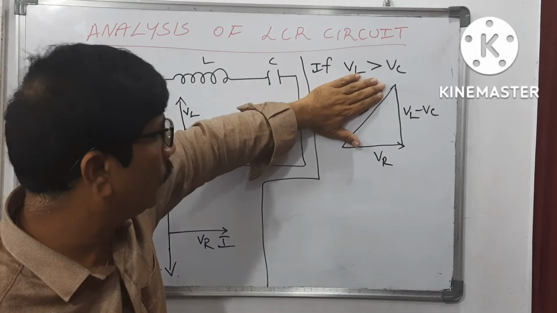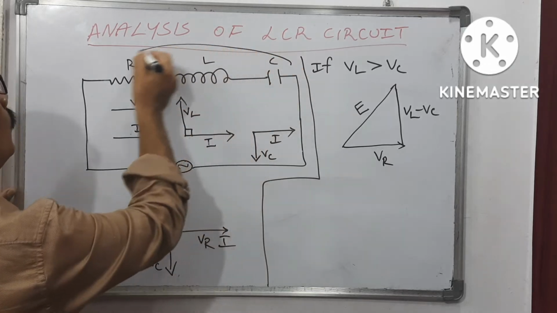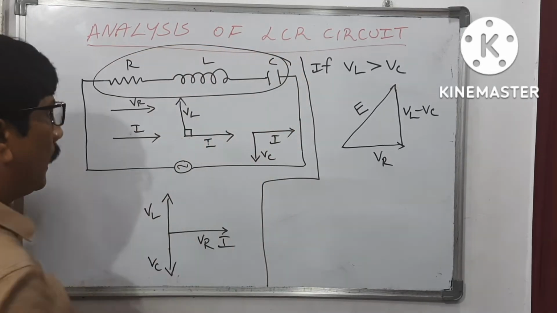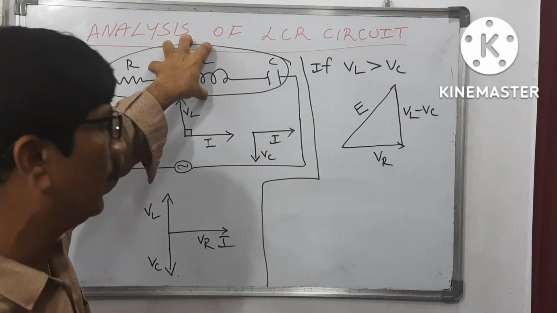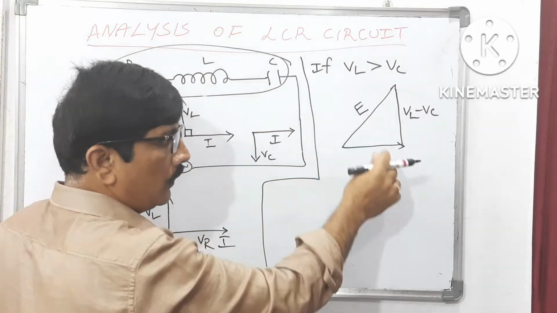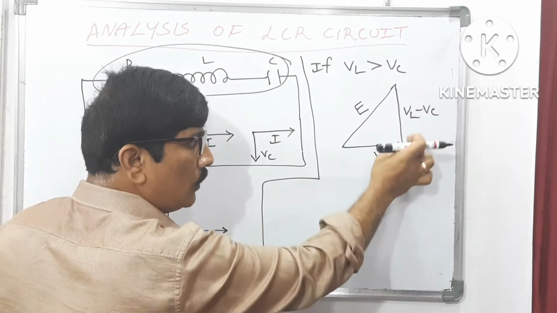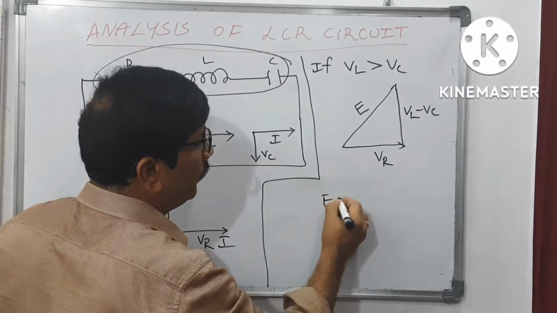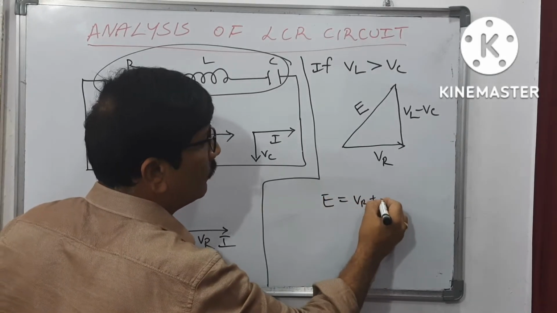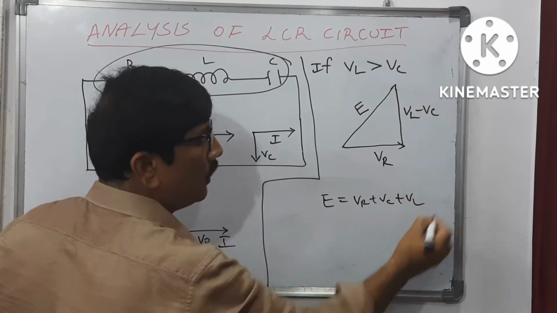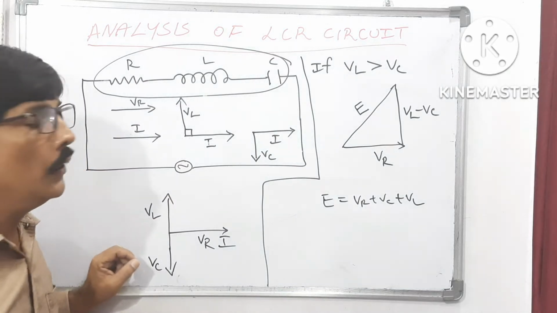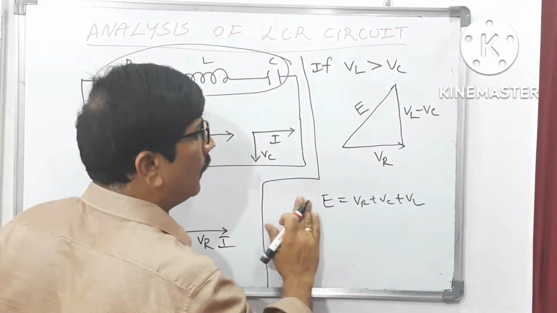So the net electromotive force due to these three components is the sum of these, but it's not a normal sum. You cannot say that this is VR plus VC plus VL. You should not take it as a scalar. You need to take it as a vector addition.